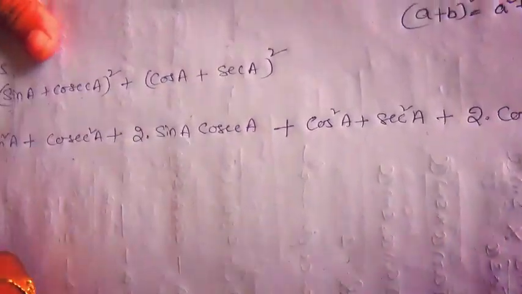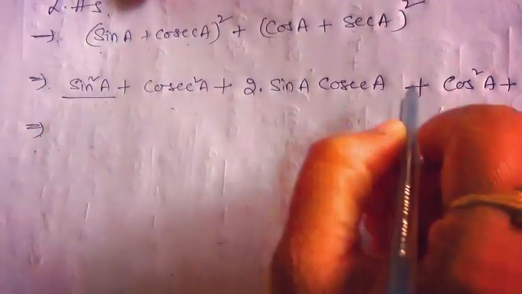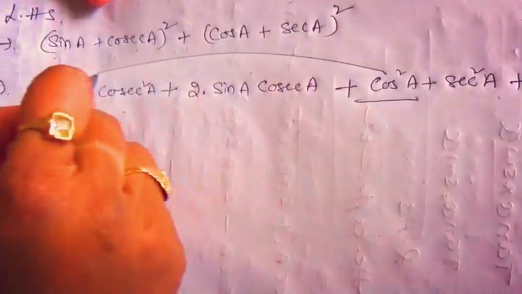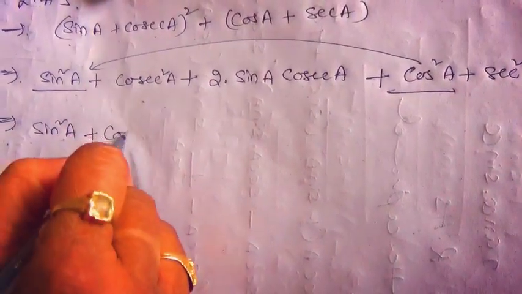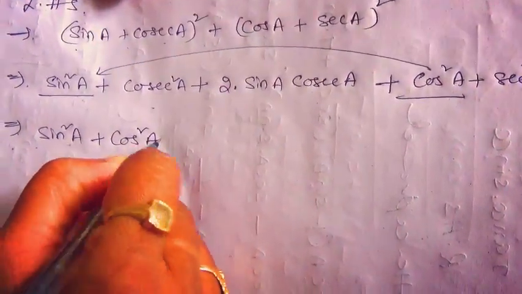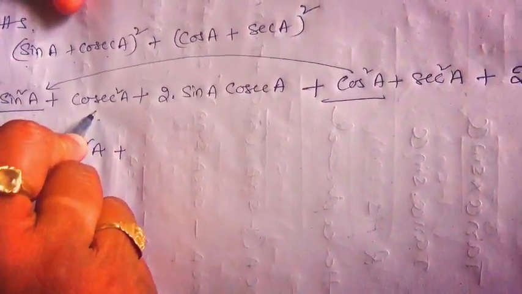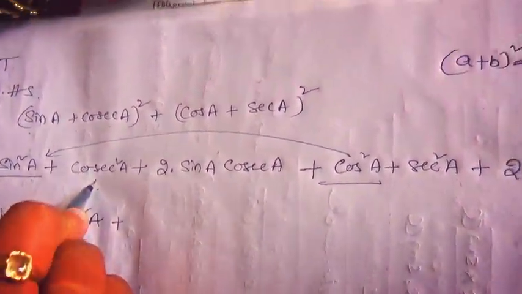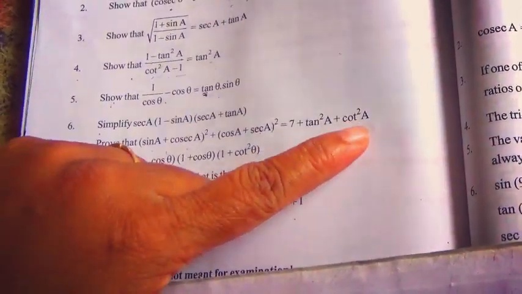That implies, you just write sin square a and cos square a at one place: sin square a plus cos square a, plus cosecant square a. In the RHS we want this tan square a and cot square a.